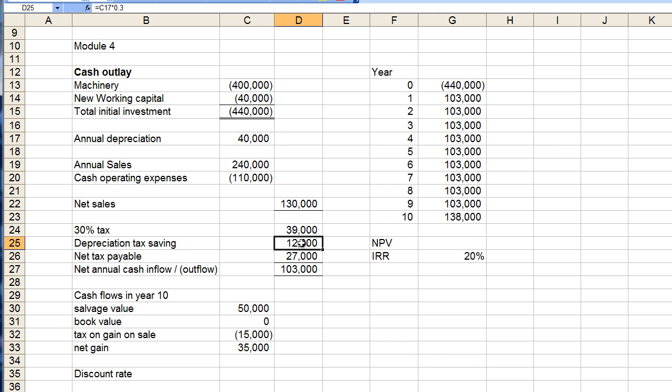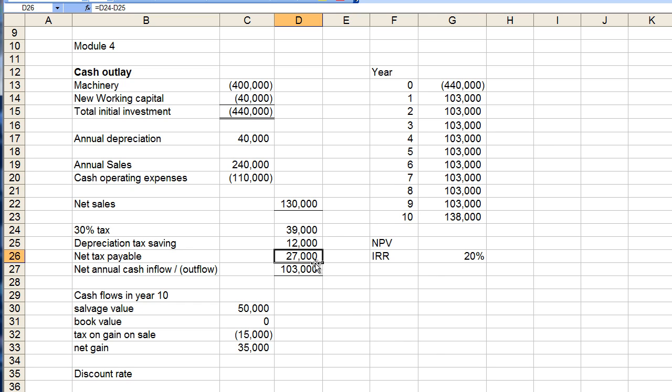That's 12. So if I had to pay $39,000 tax, but my tax saving is $12,000, I'm going to make the assumption, and this is where I'm kind of guessing, that the net tax payable is actually only $27,000, which is this figure less this figure, 39 less 12. Which gives me my net annual cash inflow of $103,000 once I've taken into account my tax figures.